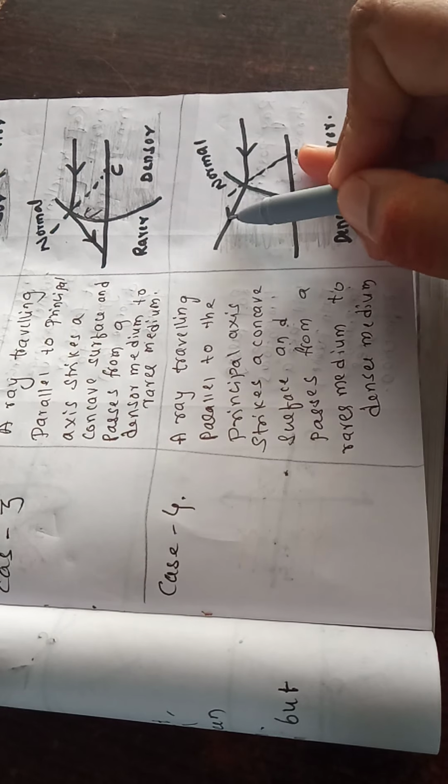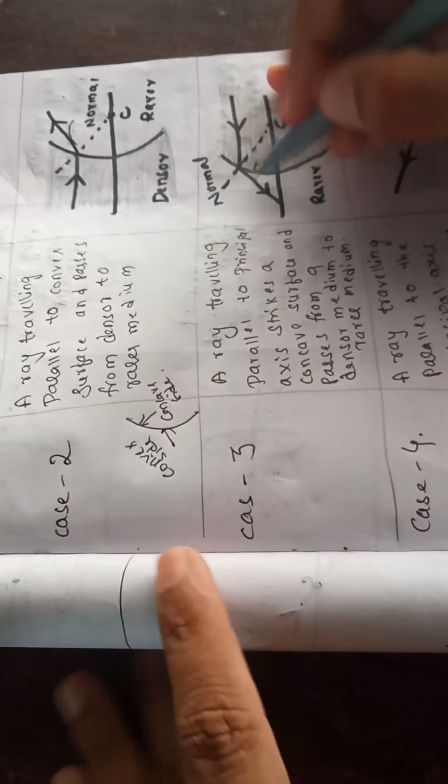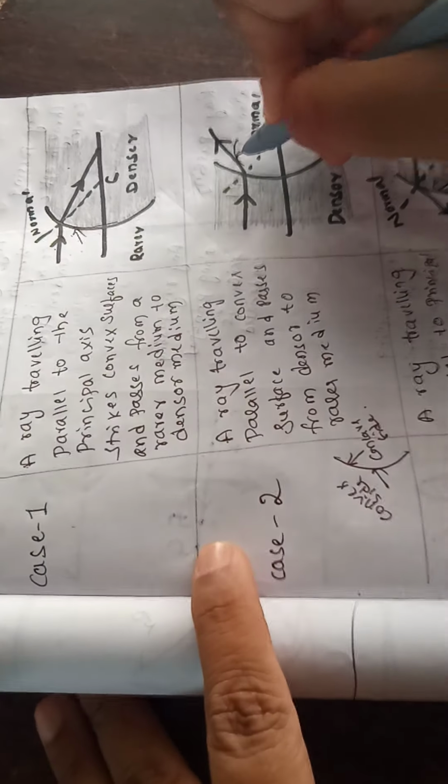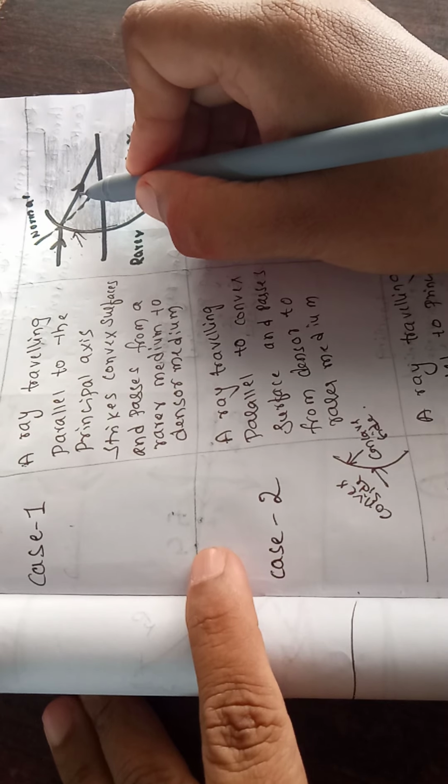In such a way, it changes its direction. In every position you see, it is changing its direction, right? That change in direction itself we call refraction.